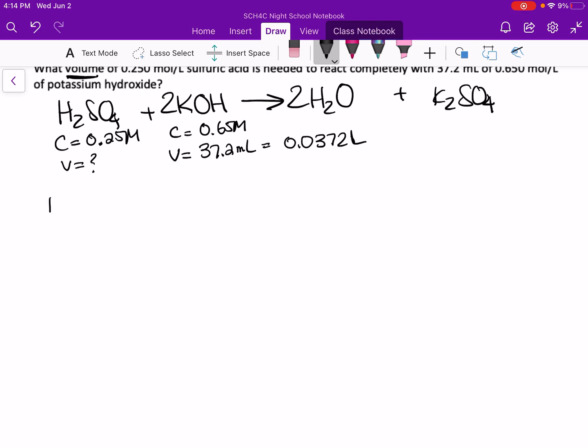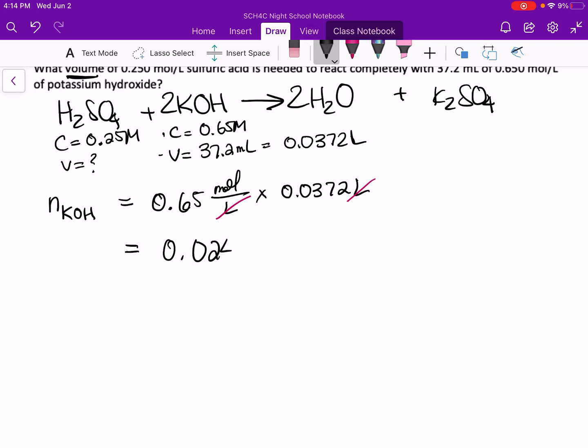My first step is to find my moles of my base because I'm given 2 pieces of information about my base. So I'm going to take 0.65 moles per liter times 0.0372 liters. I need to be able to cancel out those liters. This gives me 0.02418 moles.